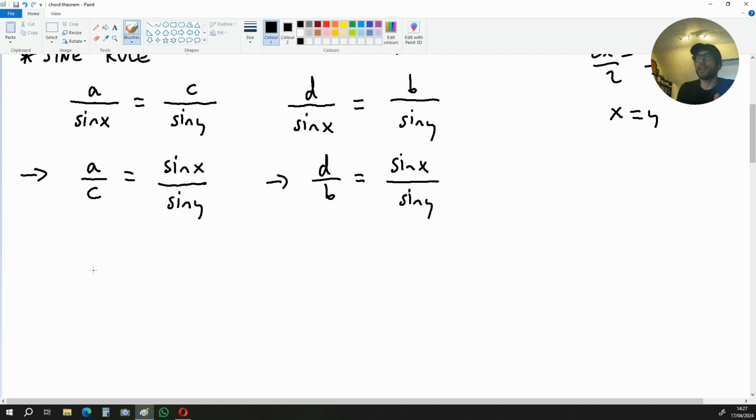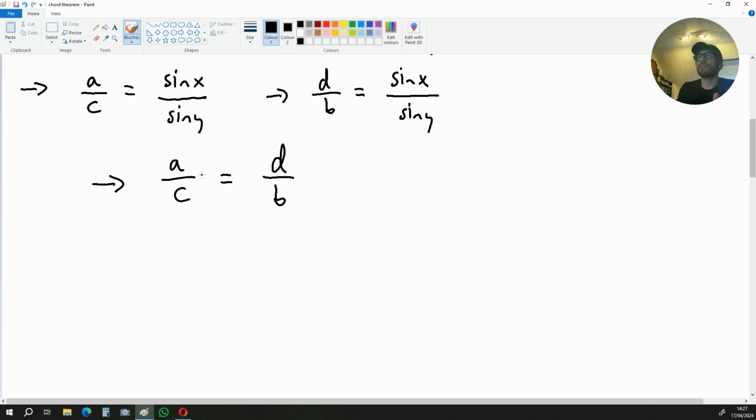This is going to imply that A over C is equal to D over B. Now let's multiply both sides of this equation by B. So we get AB over C is equal to D. Now let's multiply both sides of this equation by C. If we do this, we show that AB is equal to CD. And we have our proof. We've proven the chord theorem.